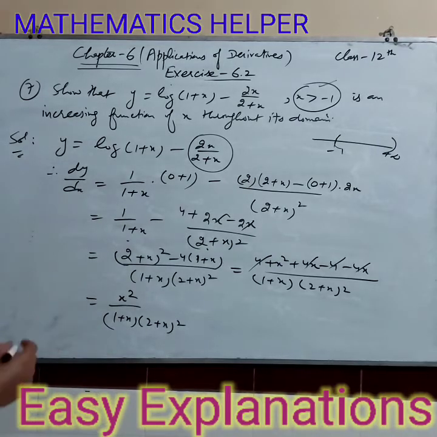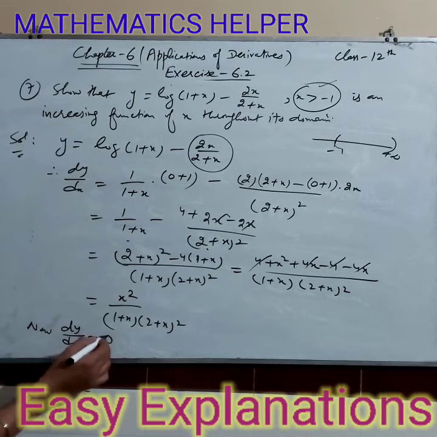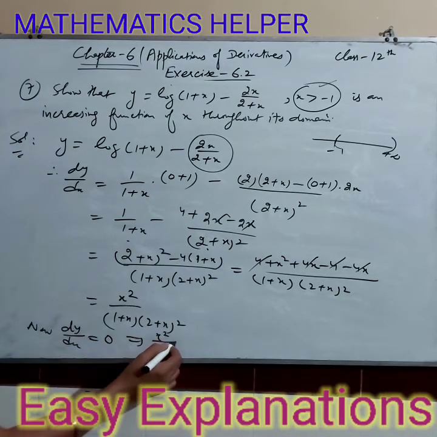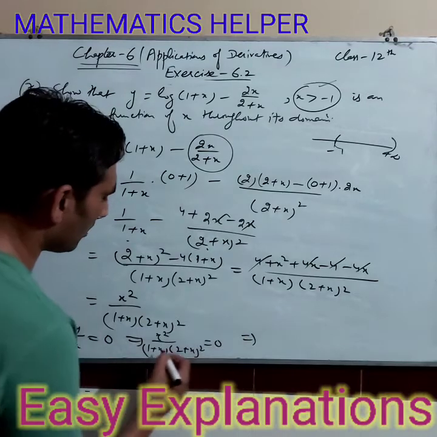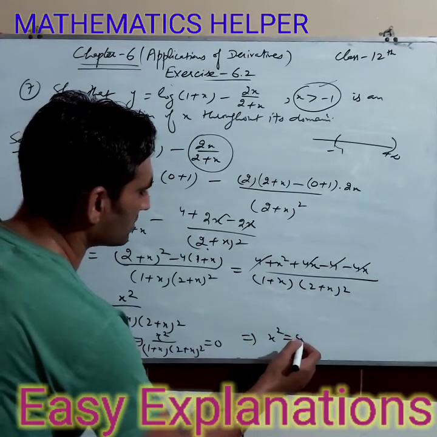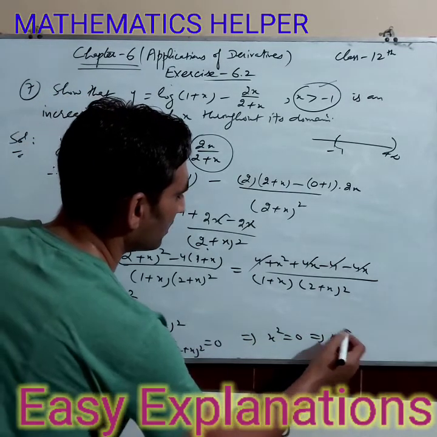But we always write first derivative equal to 0. Now dy over dx equal to 0. It implies x square over (1 plus x) into (2 plus x) square equal to 0. Cross multiplication will give x square equal to 0, or x equal to 0.